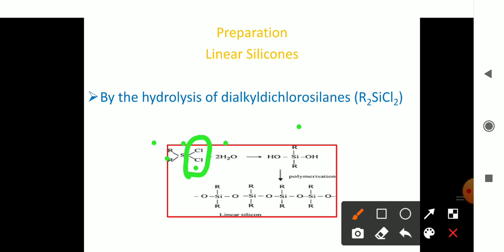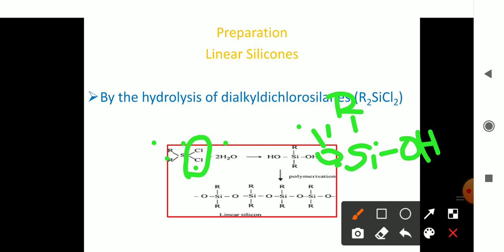And this product upon condensation, just imagine another molecule of this hydrolyzed product, SiR2, then OH, then here also OH. When 2 compounds are allowed to react, from here OH and from here hydrogen is eliminated, and an oxygen bridge is developed between one molecule and another molecule, and so we get a product of this type. In this way we can prepare the linear silicones.